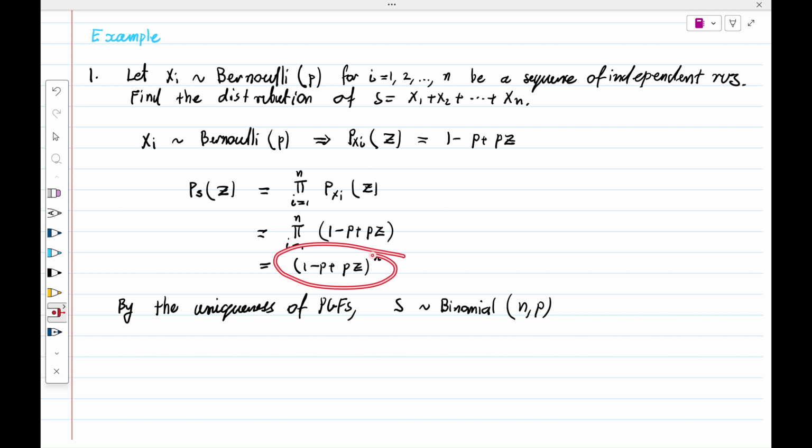And again, if you haven't seen this PGF, I encourage you to look at some other videos where we do show that a binomial distribution has this exact probability generating function.